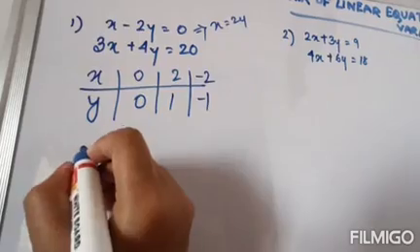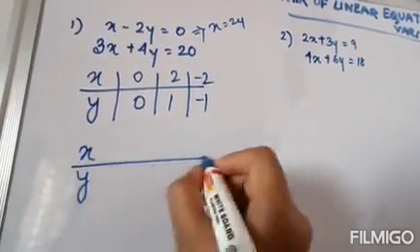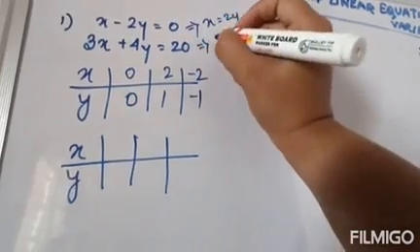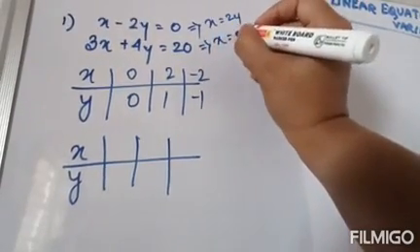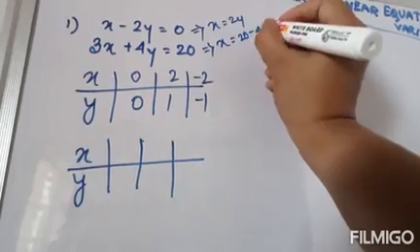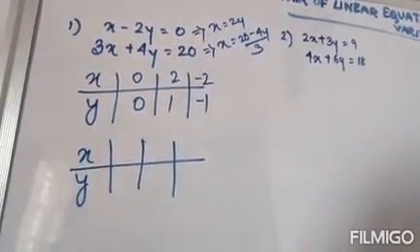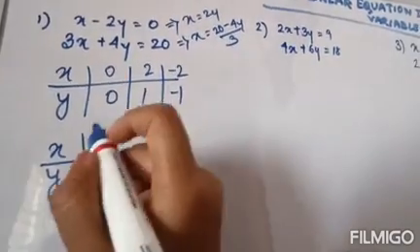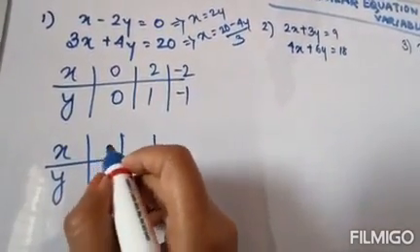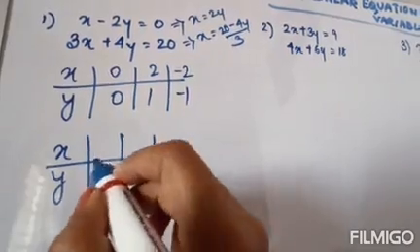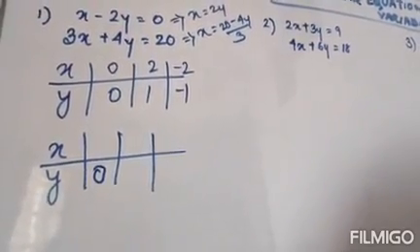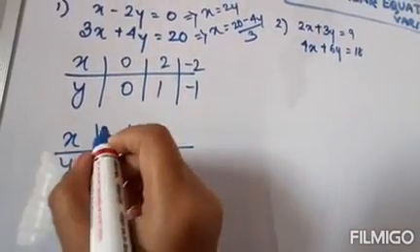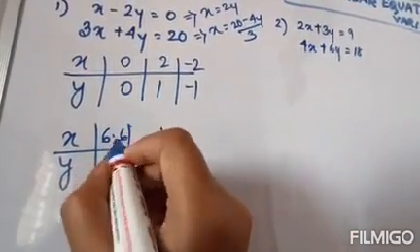And for the second one, this will be x is equal to 20 minus 4y by 3. When y's value is 0, x's value will be 20 by 3, which means x's value will be 6.66. Let us take 6.6.